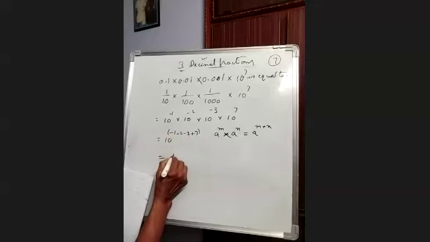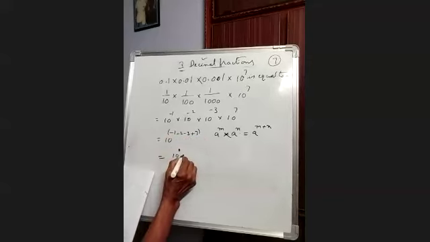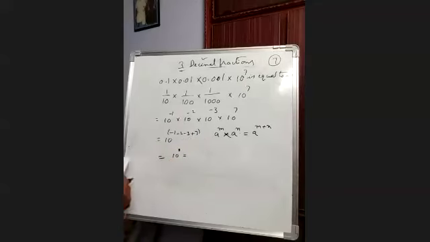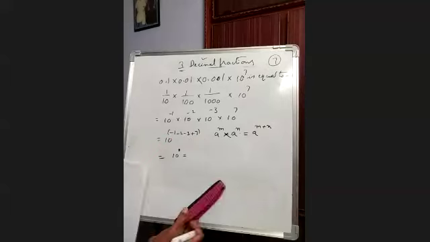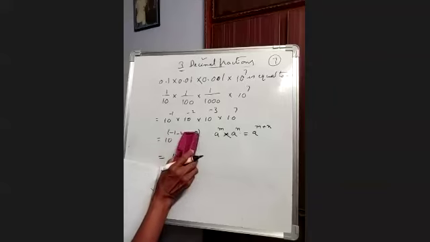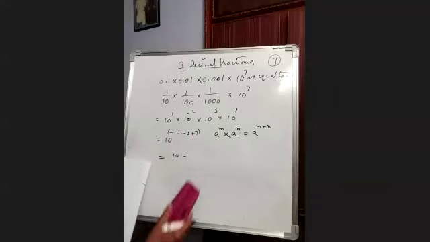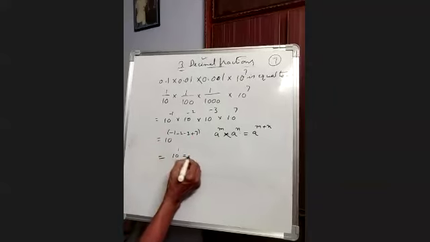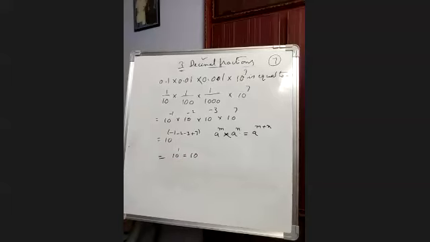Minus 1, minus 2, minus 3 is minus 6, plus 7, so 10 to the power of 1 will be there. That is 10. Option C is 10. That is the problem. Okay. Next question.